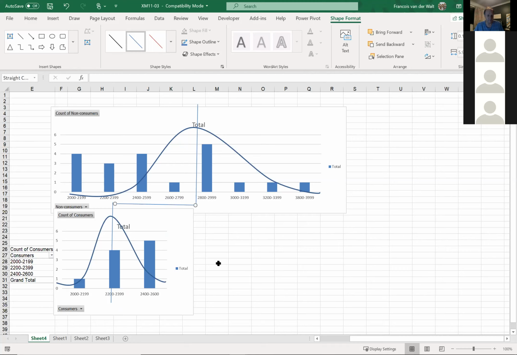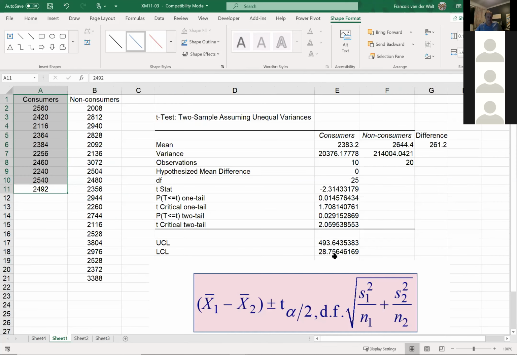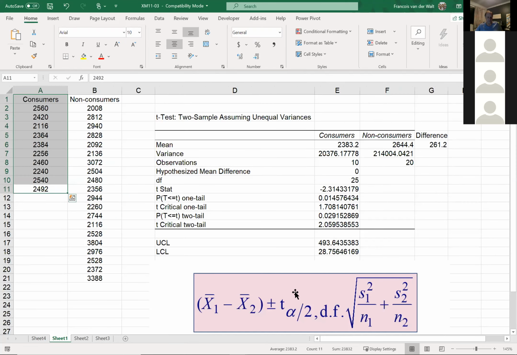If this whole population was more towards the right, then we might not have drawn that conclusion. But we can now see in our calculation that yes, it is bigger because 0 is not in this interval. Can you see that? So what do we say? We say we estimate the difference is 261 gram or 260 kilojoules, whatever they're talking about.